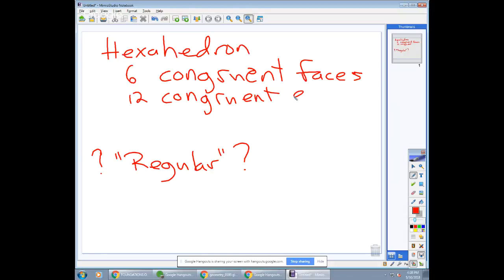Congruent edges. Okay. And then there's vertices. Let's just count. The vertices can't really be congruent because they're just a point. But how many vertices does it have, just for fun? Almost. 8. It has 8 vertices. Now, angles, they come in a couple of different ways.